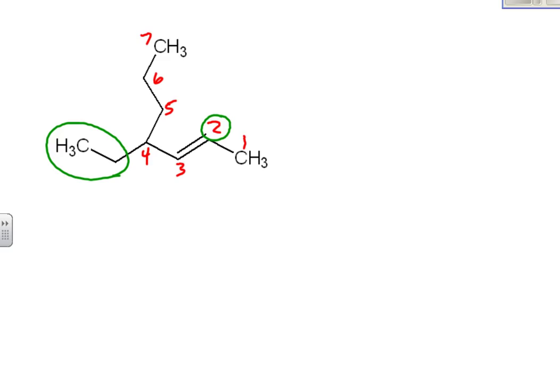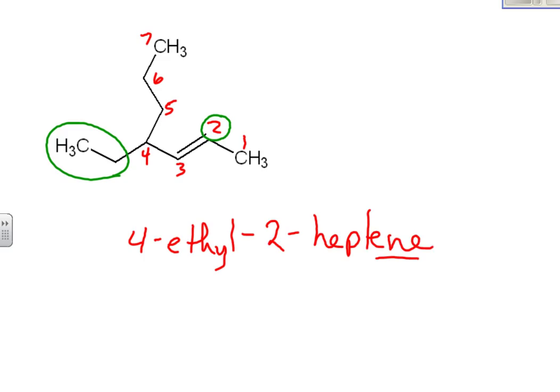So naming this, we would say it is a 4-ethyl, right, the ethyl group, 2, let's see, 7 carbons, so 2-heptene. Again, that ENE showing that there's a double bond, and the 2 because it's on the second carbon, and the 4 for the ethyl. So 4-ethyl, 2-heptene. Notice I use dashes to separate the numbers from the letters.